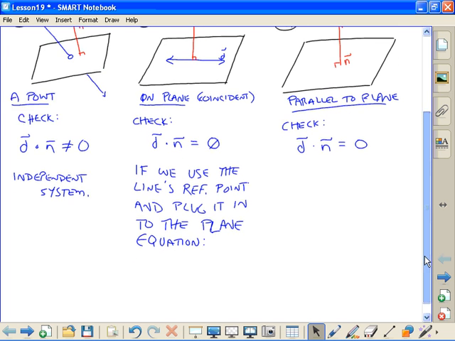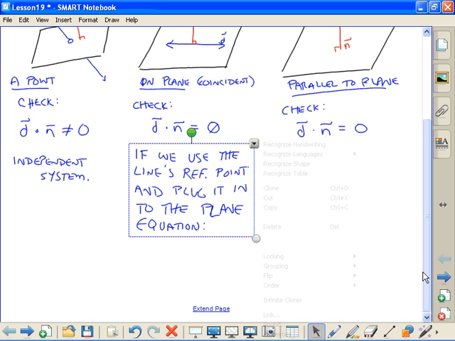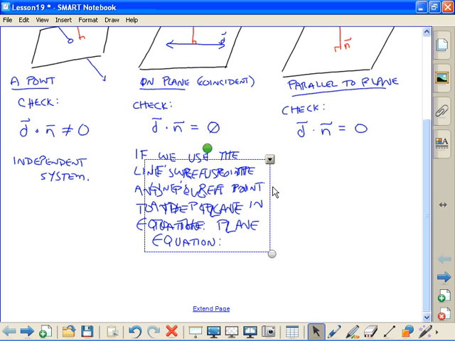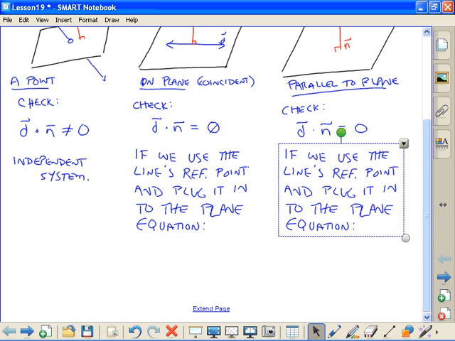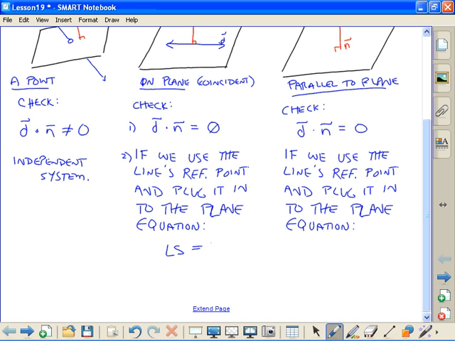I'm going to cheat like crazy here. If you want to think of the dot product as step one, here's step two. You plug it into the standard equation of the plane that's given. You're going to do a left side, right side check, and what you're going to find is if left side equals right side, and I've got an example of this, then we have a situation where the plane and line are coincident, which means you have a dependent system.